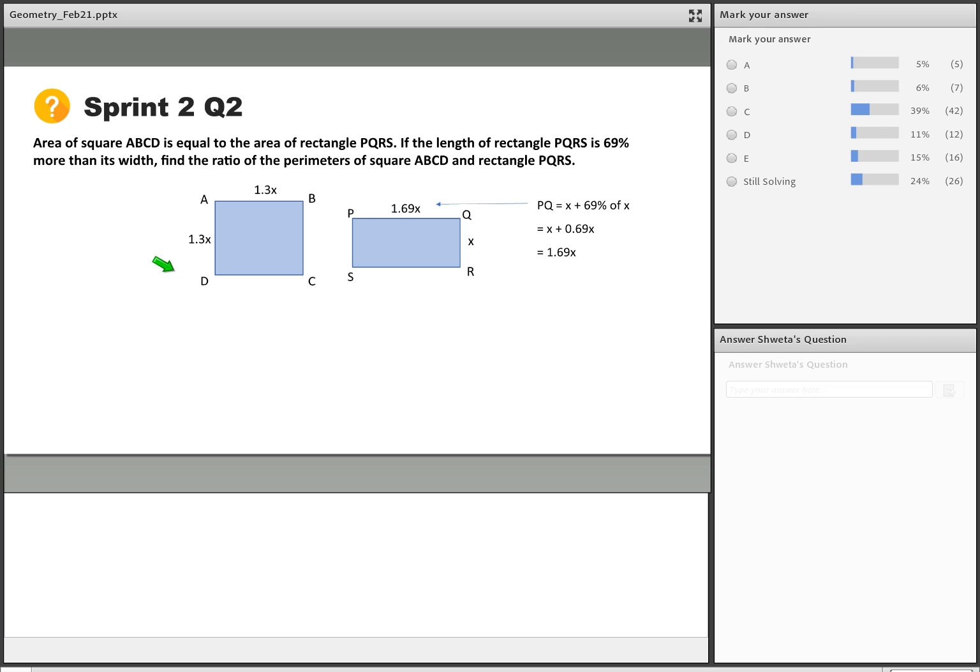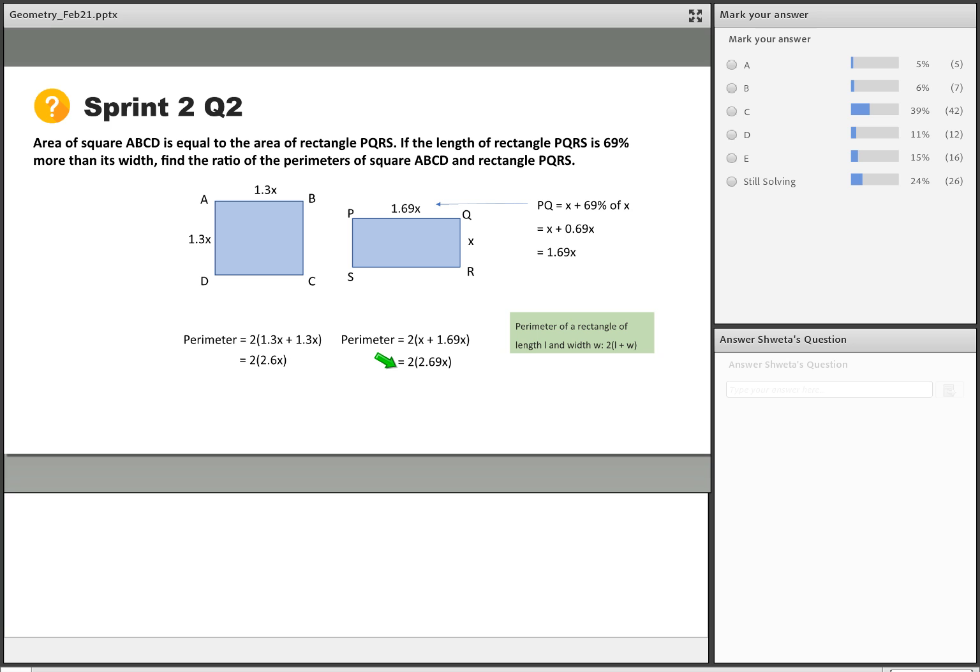Now here I have replaced y with 1.3x now that I know what it is in terms of x. I want to find the perimeters, remember, the ratio of the perimeters. So if I start doing that, the perimeter of the square is going to be 4 times 1.3x because all of them are equal. Now why I'm leaving it this way is because I will have a 2 coming from here as well.